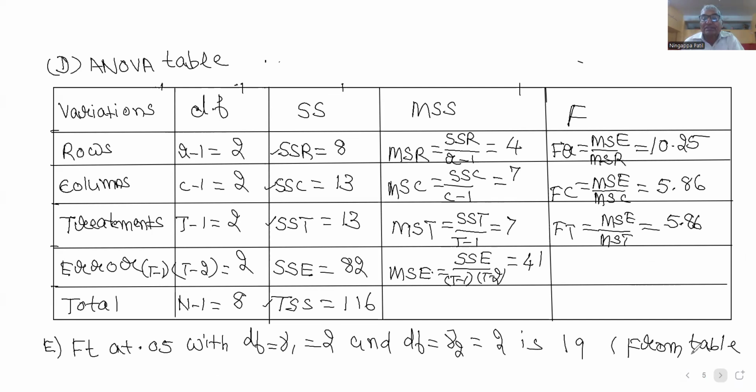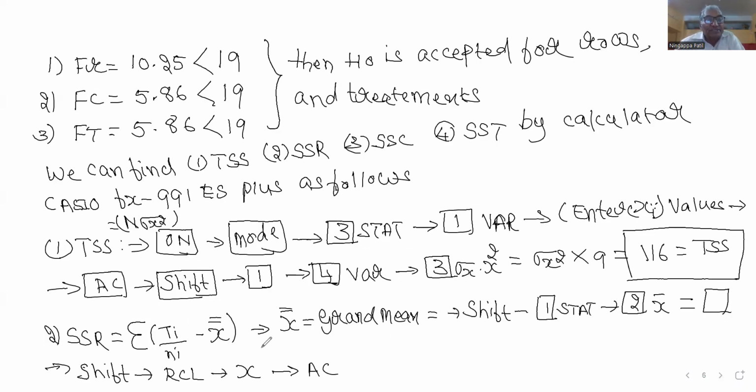Okay. Now, next, my dear students, please look here. SSR calculation you have to do. SSR equals the summation of Ti upon Ni minus X double bar. What is X double bar? The grand mean. Grand mean means the mean of the already entered values. How to find it? All X values are already entered there. You press the shift button, 1 button, that is STAT, again number 2 button, that is X bar, and press the equal to button.